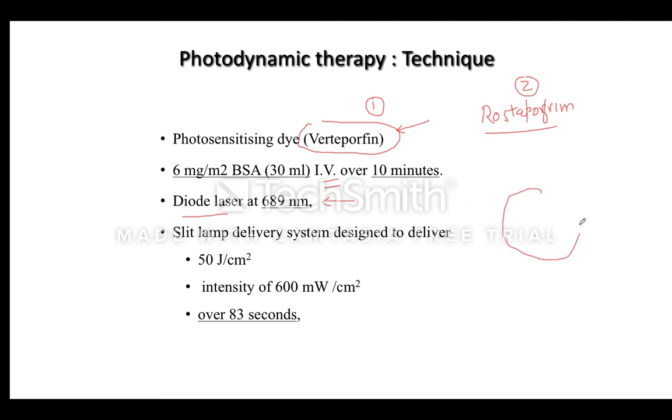Let's say this is your eye, this is your optic nerve head, and this is your macula where there is a membrane, a CNV or choroidal neovascular membrane. After giving the dye, it accumulates in this lesion, and then we bombard this lesion with a diode laser.